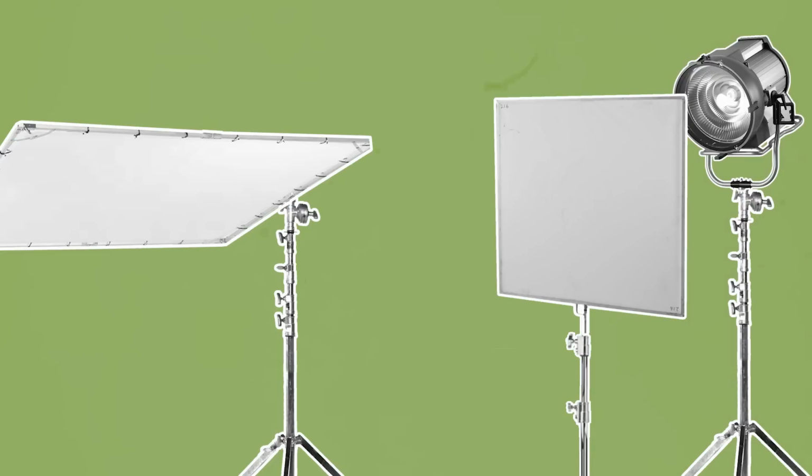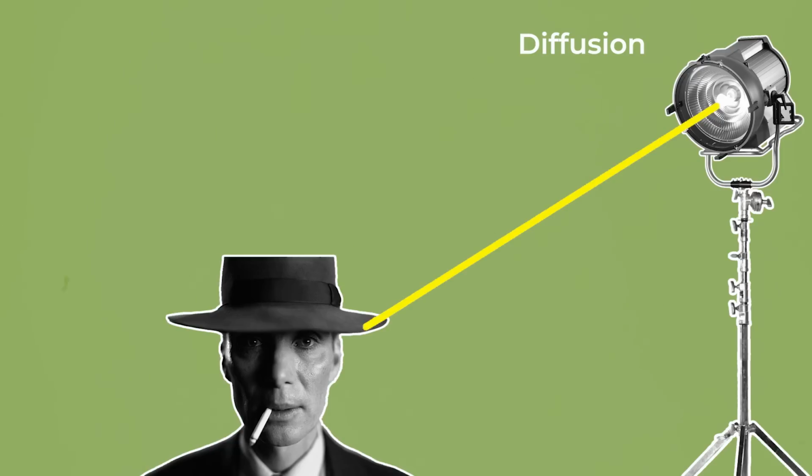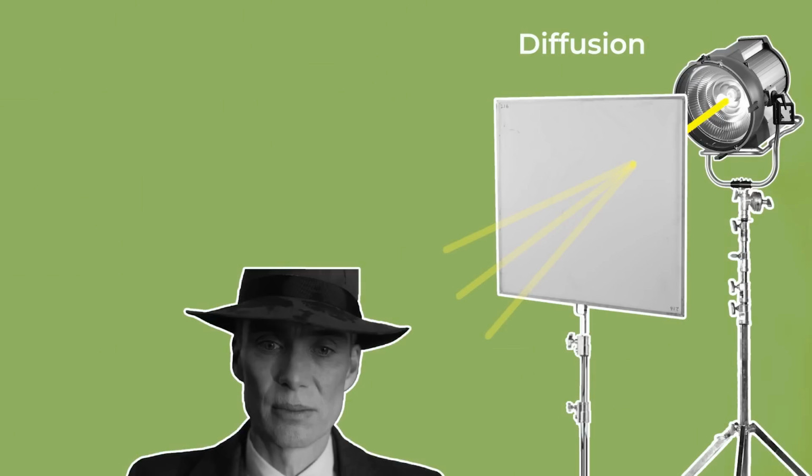There are two main techniques that can be used to transform hard light to soft light: diffusion and bounce. To diffuse light, a type of translucent material needs to be placed between the light source and the subject the light will hit.